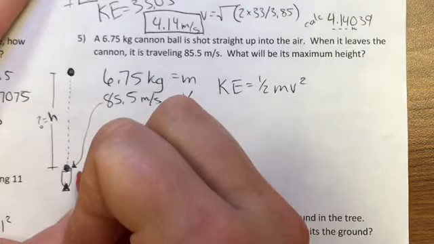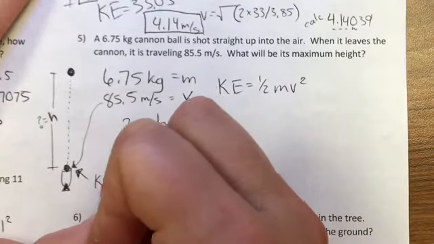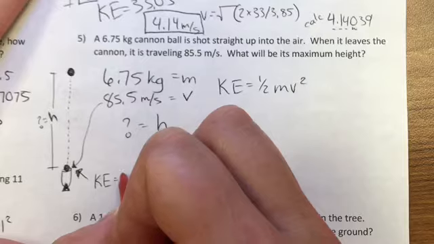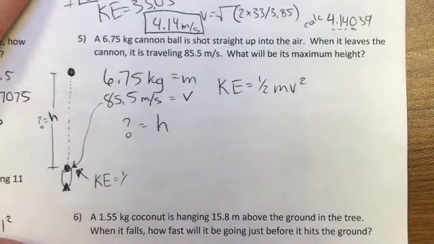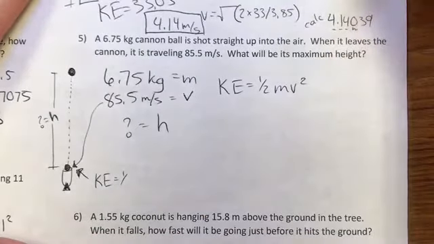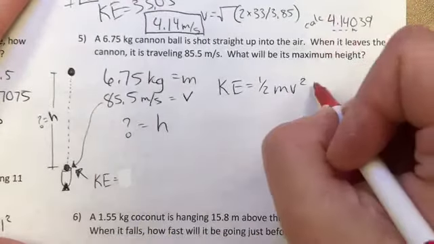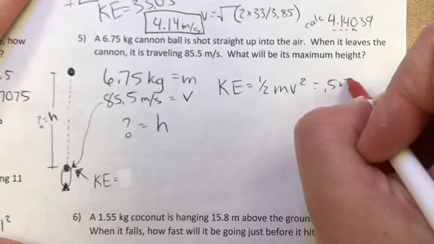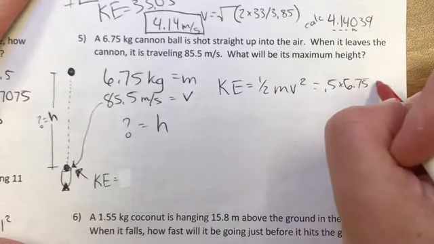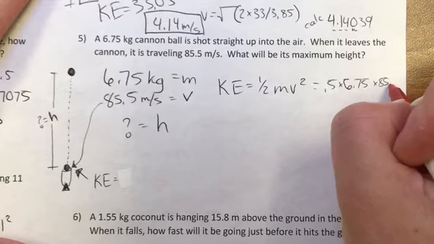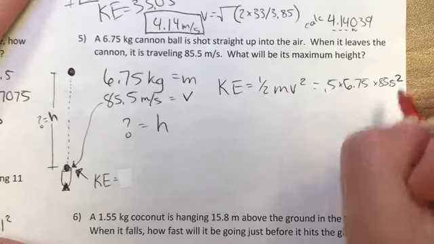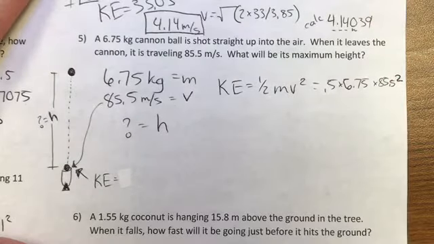That will be the kinetic energy at the bottom. 0.5 times 6.75 times 85.5 squared. Don't forget the squared.